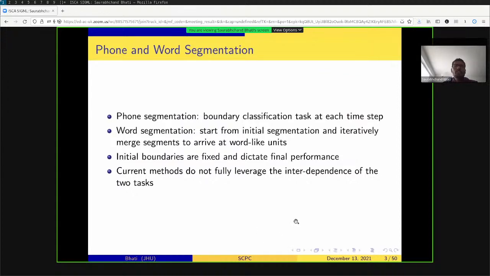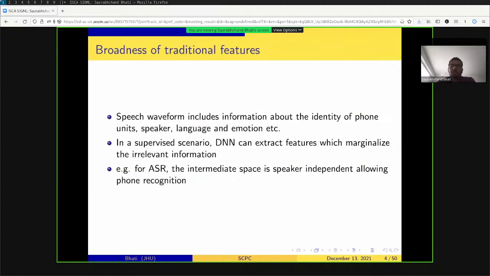Before that, let's take phone segmentation as an example and look at how it's done. If you look at just the raw speech waveform, it includes information about a lot of things like the identity of the phone, speaker, language, and emotion. And if you extract features like MFCCs or spectrogram features, all of these have been used for ASR, speaker identification, and other tasks.